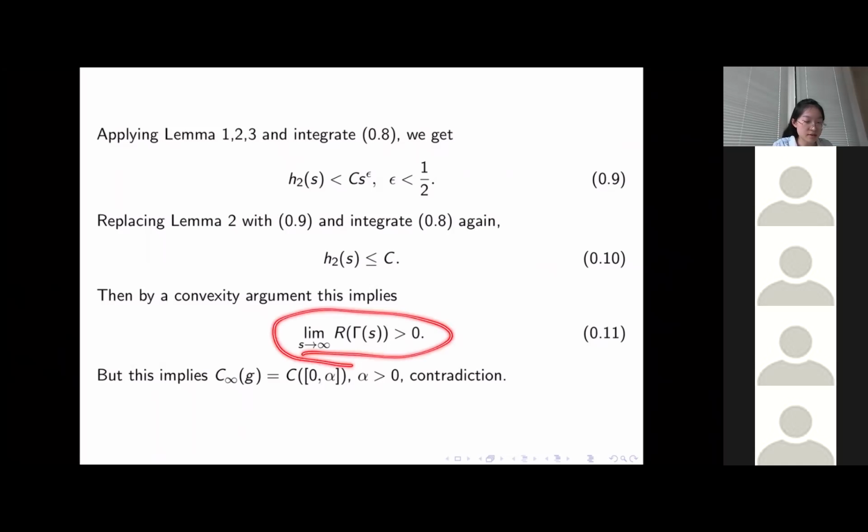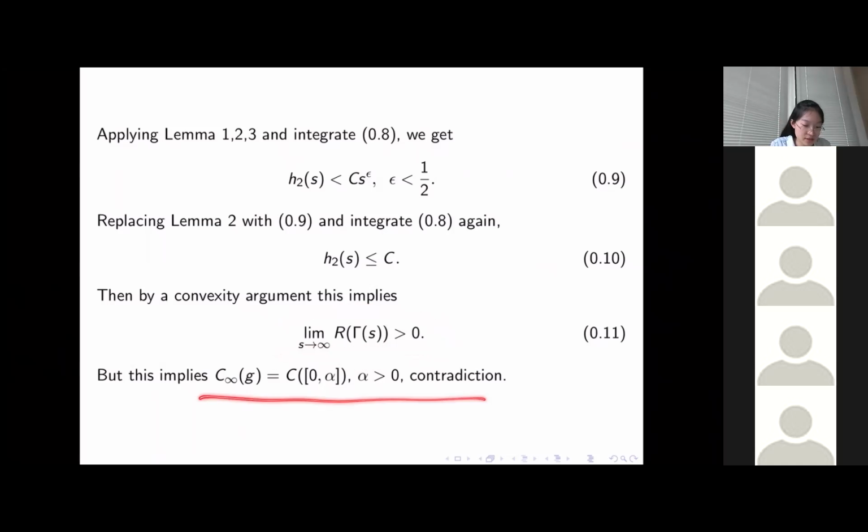Now the curvature does not decay, so we can use our previous relation between this limit and the asymptotic angle. That relation tells us that if this is non-zero, then your asymptotic angle is not zero.